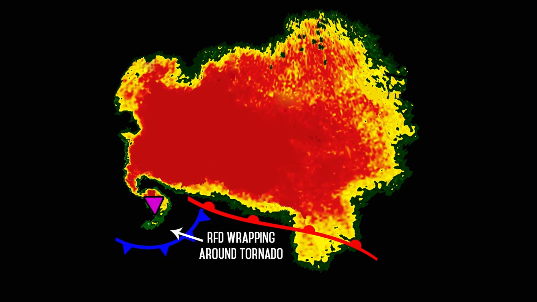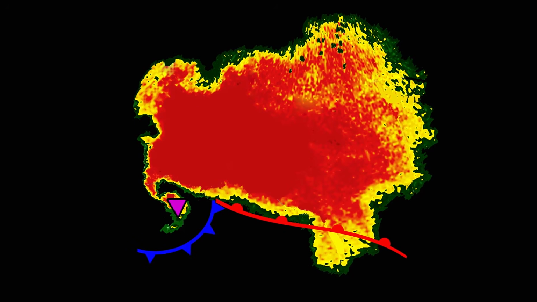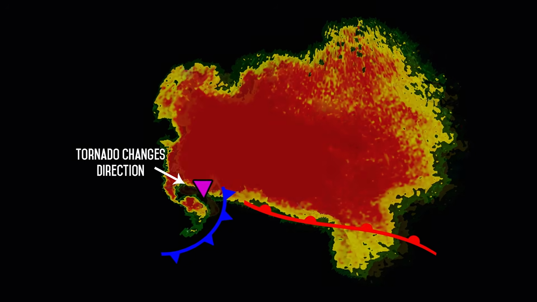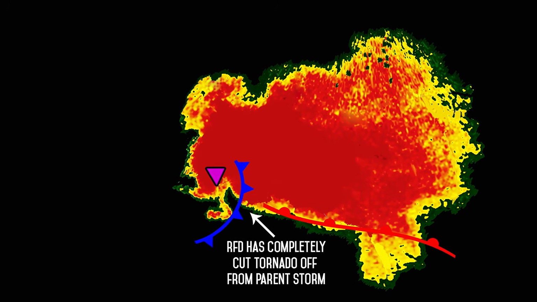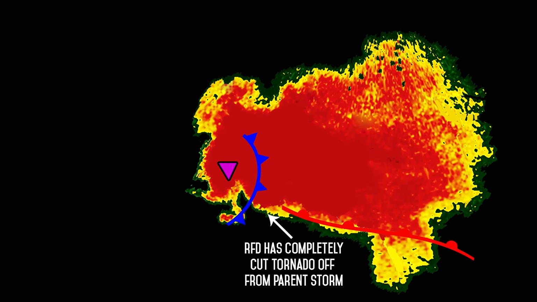The rear flank downdraft is now wrapping around the tornado. This causes the tornado to change direction as it separates from the parent rotation within the storm. The RFD has now completely cut off the tornado from warm inflow. The tornado has occluded as it moves into the rain and dissipates.